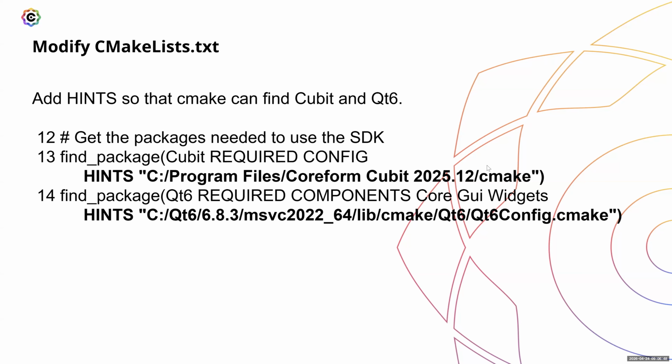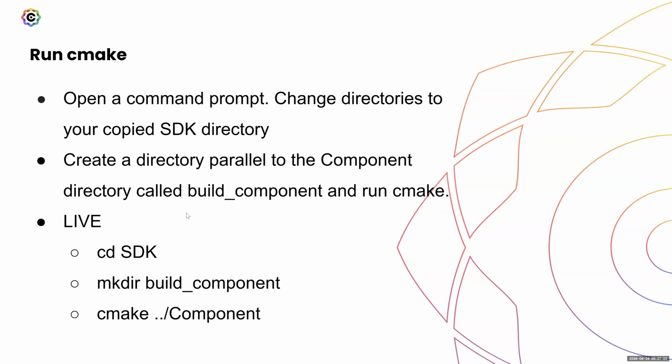And there's a CMake directory there that contains some files. And then I also add a hint saying, where is this Qt6Config.cmake for my Qt6 install? So we run CMake, and let's look and see what we get here.